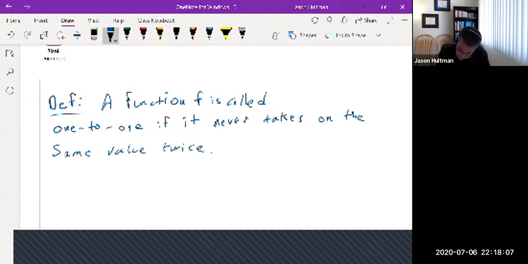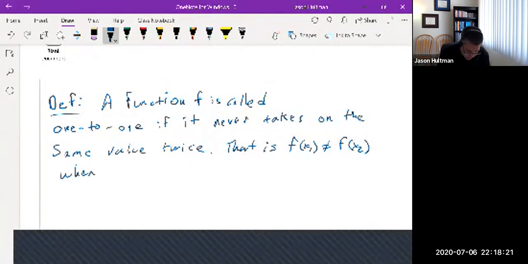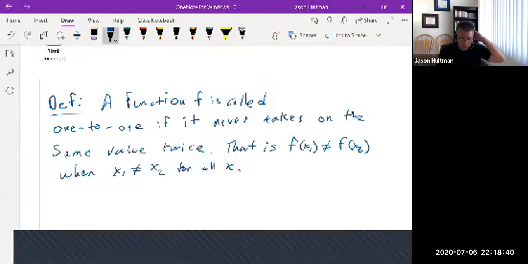That is, f of x1 is not equal to f of x2 whenever x1 is not equal to x2, and that's for all x. Okay, so a function is called one-to-one if it never takes on the same value.